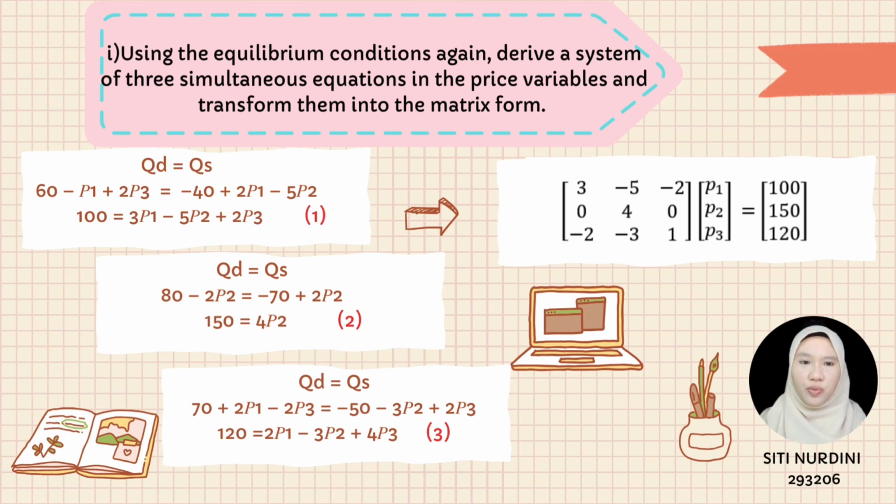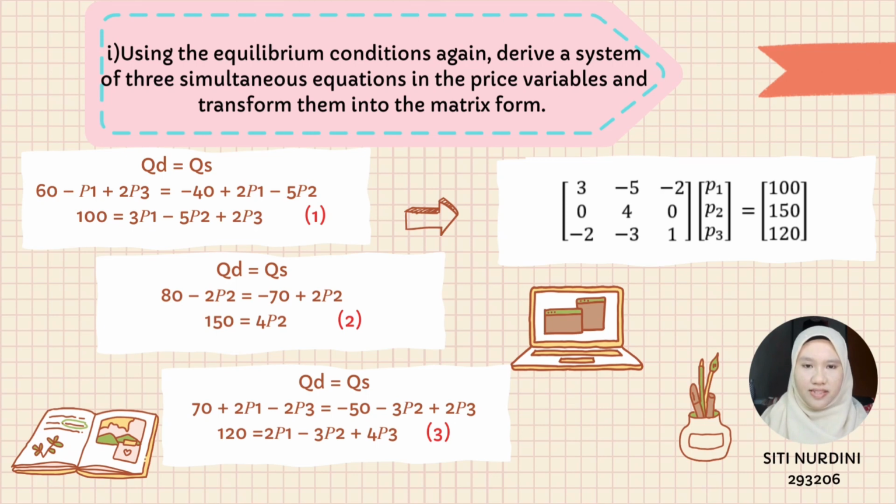And equation 2 is 115 equal to 4P2, and equation 3 is 120 equal to 2P1 minus 3P2 plus 4P3. So we transpose the equations into matrix form.